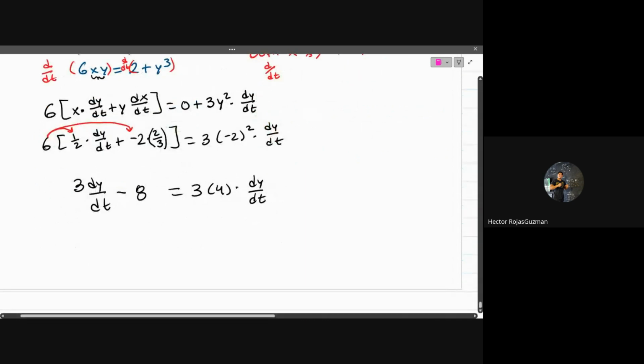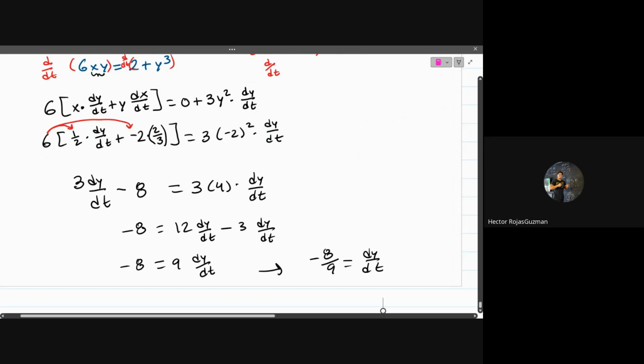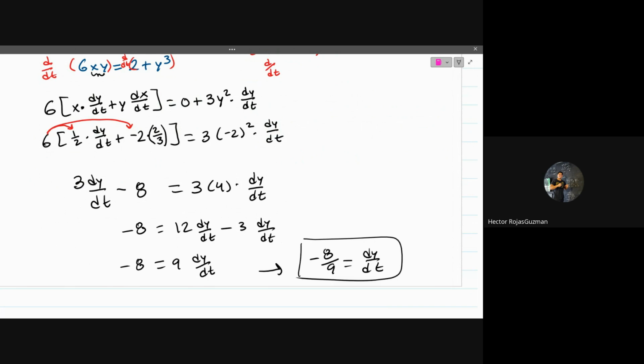Let's go ahead and subtract 3 dy dt from both sides. That gives me 12 dy dt minus 3 dy dt. Well, this now becomes -8 equals 9 dy dt, which gives us -8/9 as dy dt. And that right there is our final answer.